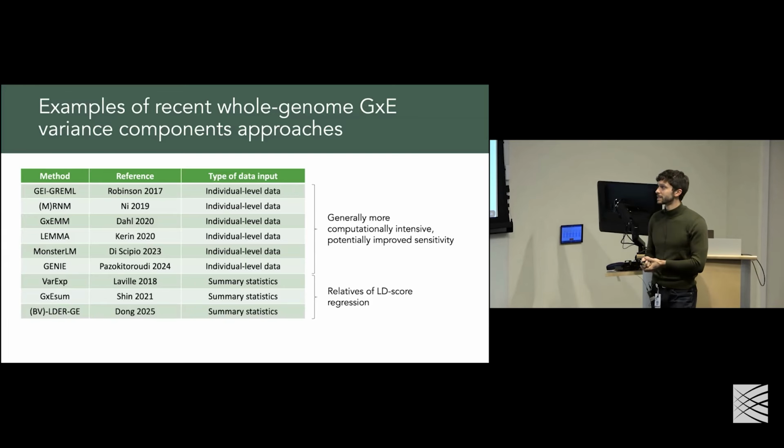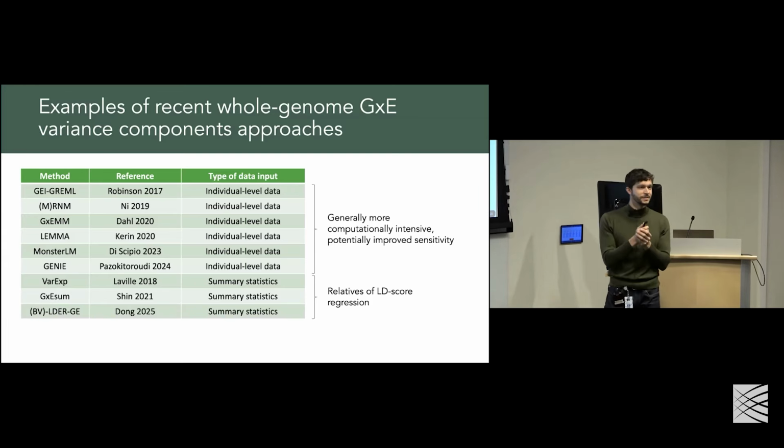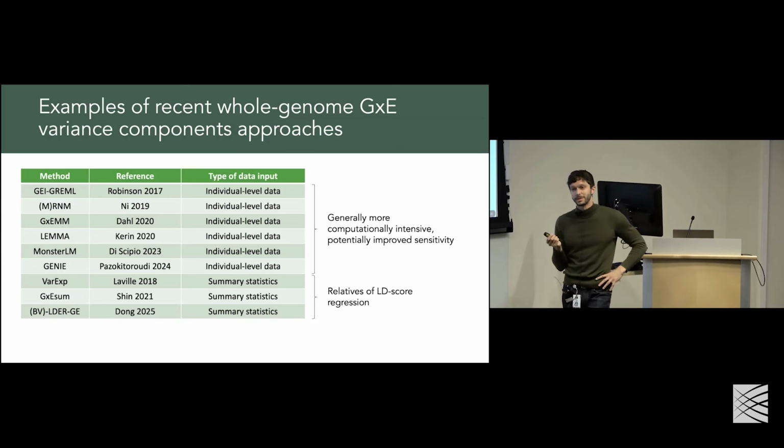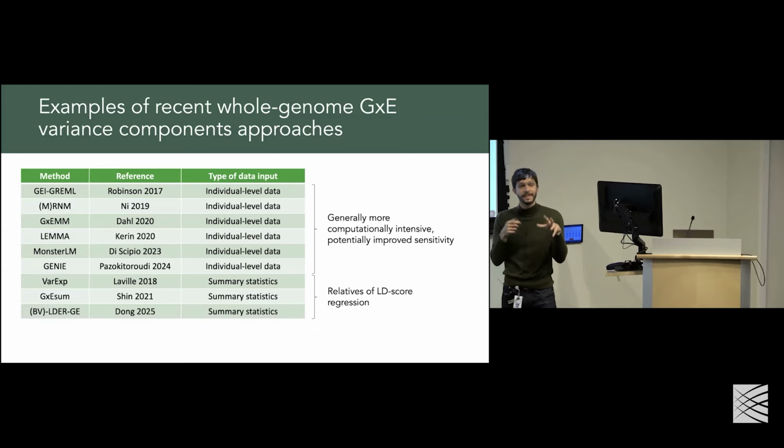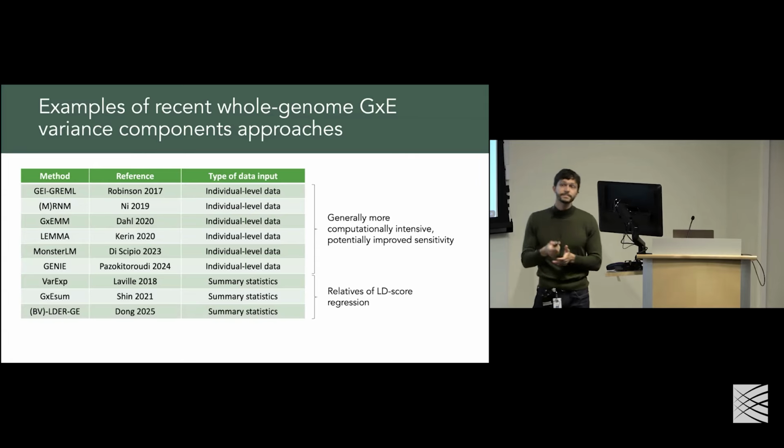And then we have summary statistics-based methods that are relatives of LD score regression, which some of you might have heard of, where you can conduct a variant by variant genome-wide interaction study and then perform some inference afterwards. Yeah, Gaspar?